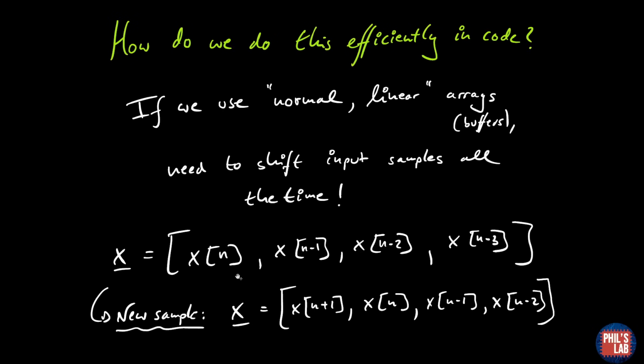We get a new sample, x of n plus 1, we need to move 3 of these, discard the last one, and put the new input sample at first place. So you can see here we need to make the jump from this to here. We've shifted 3 samples and added in the new one. As you can see, we spend a lot of time just shifting samples, and that's time wasted. So let's see if we can think of something better.